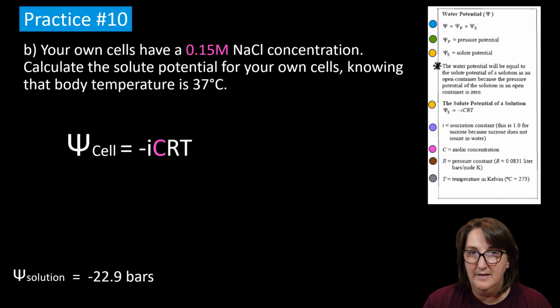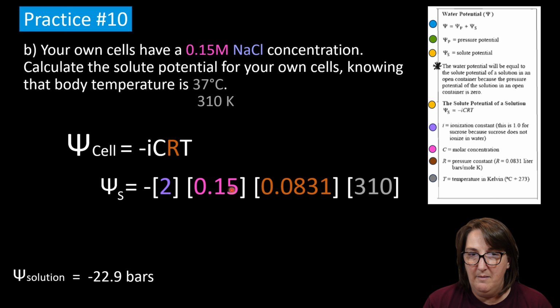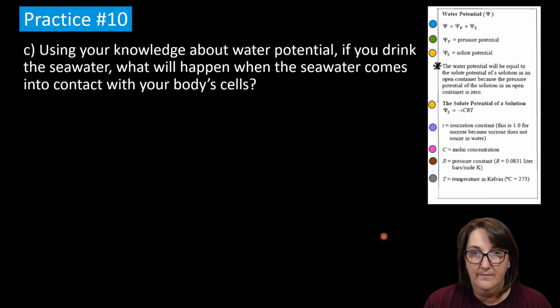I have C, I have i, which is 2, remember. I have temperature, I add 273. I have my constant, which is this right here. I multiply those 4 together, and I get negative 7.7 bars.